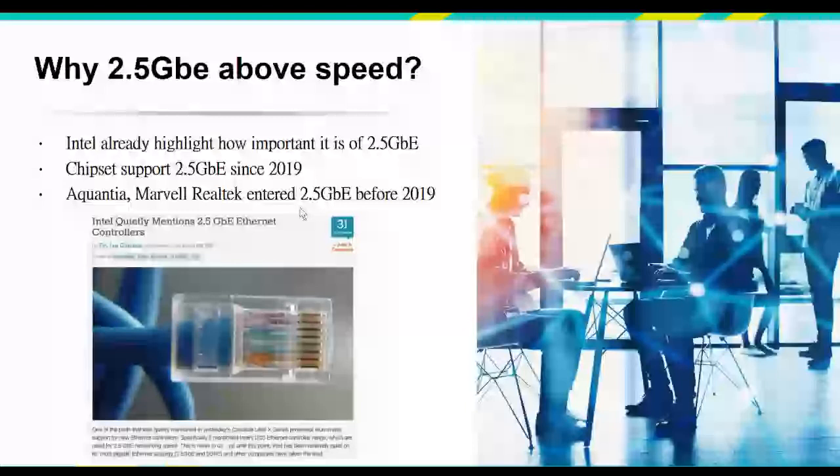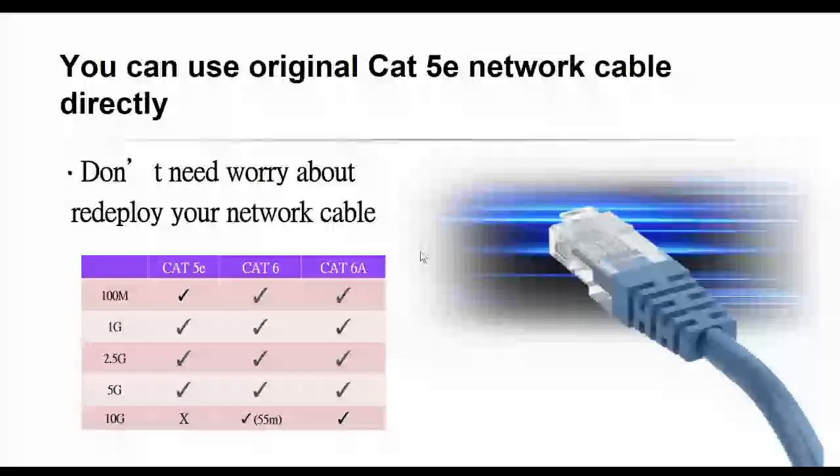But 2.5 actually has really good performance, and you can use the same cable. So basically, you don't need to change your Cat5 cable. You can enjoy the 2.5 giga speed using the same cable. So there's no additional cost. You can still increase your data transmission 2.5 times.